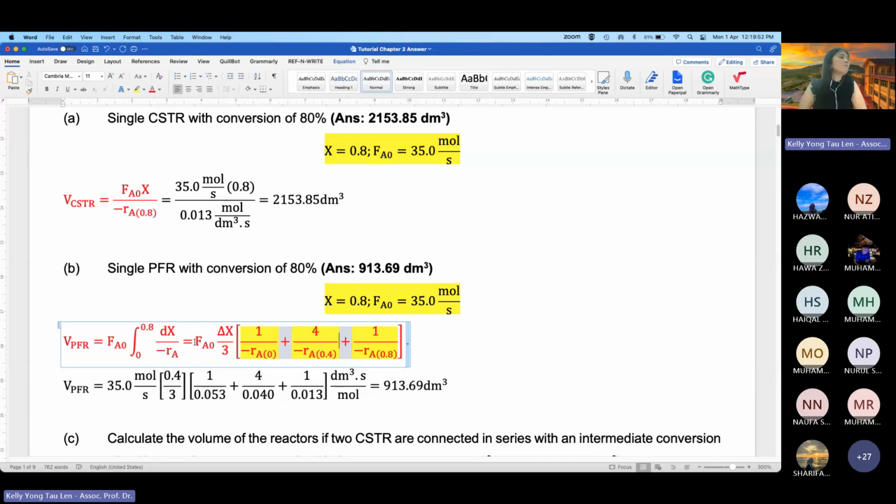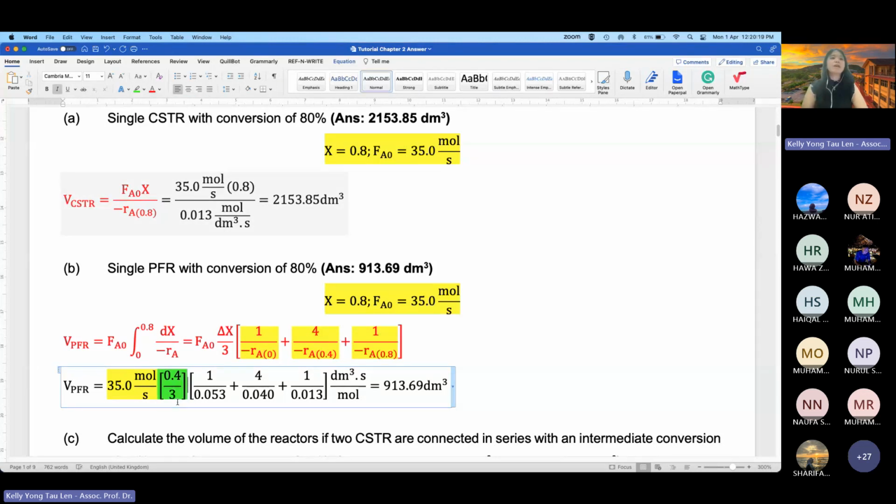Once you have established the formula, you can substitute the values. The volume of PFR equals FA0, which we have calculated initially from the information they gave, then delta X per 3. How do we calculate delta X?